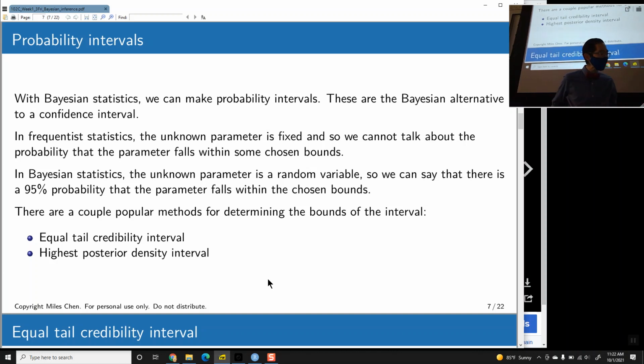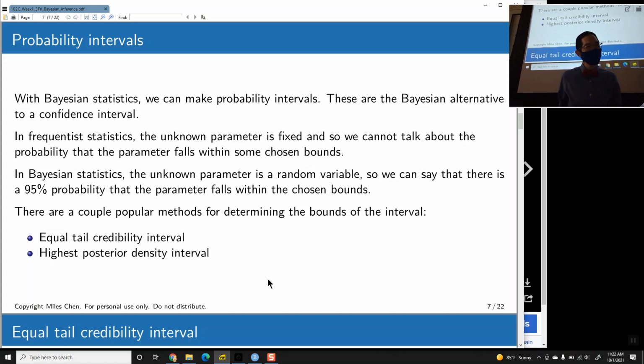That was incorrect from a frequentist perspective, because theta was treated as a fixed value where there was no probability, no uncertainty. But now, with the Bayesian perspective, this unknown parameter theta is a random variable. So it's subject to randomness, and it is correct now to say that there is a 95% probability that theta is between here and here.